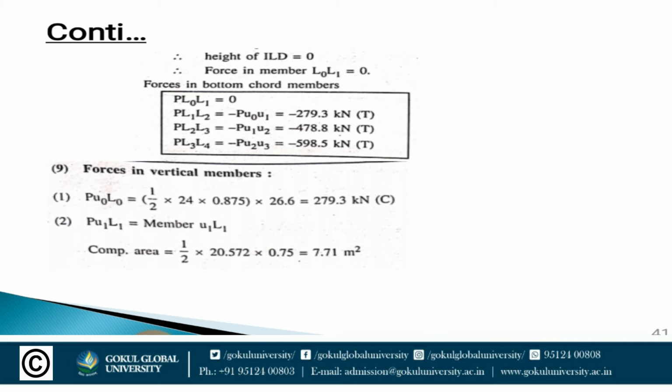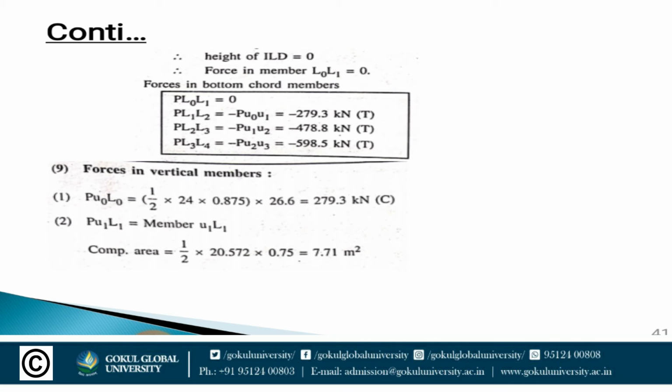The force in member L0 L1 is equal to 0. After that P L1 L2 is minus P U0 U1, so we can directly answer that. Then P L2 L3 is minus P U1 U2. Then P L3 L4 is minus P U2 U3. So we can easily identify the bottom chord member forces.